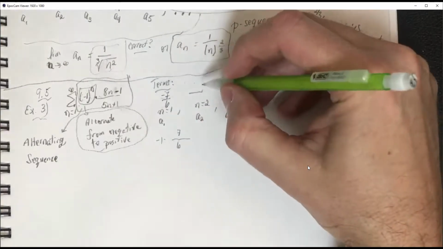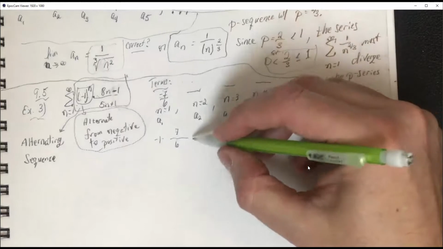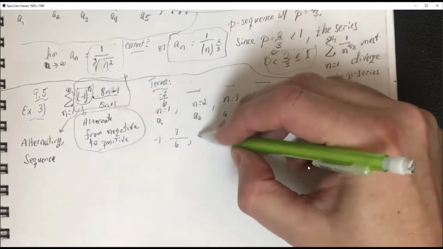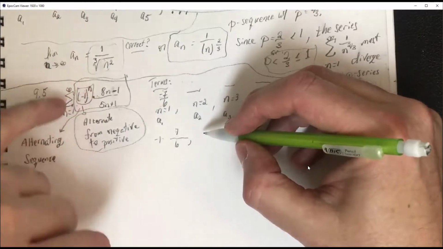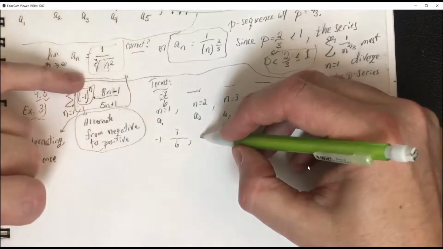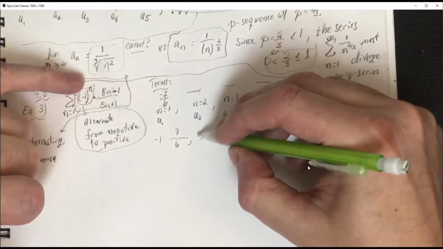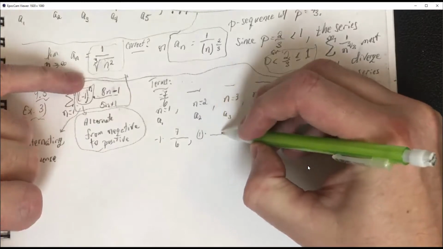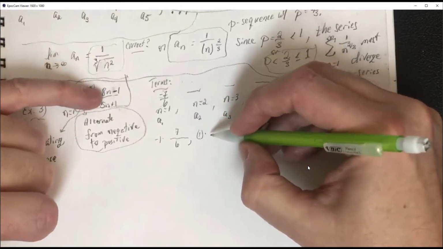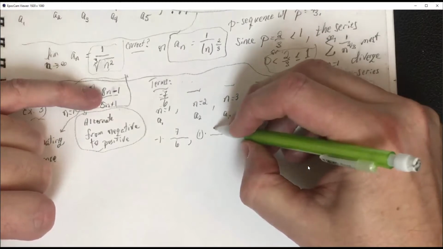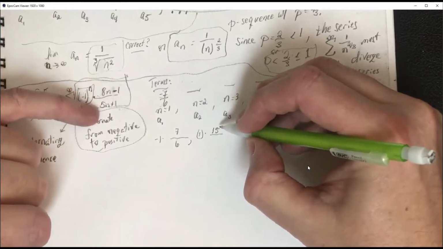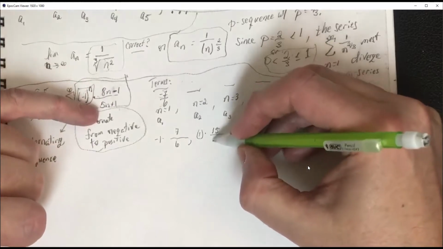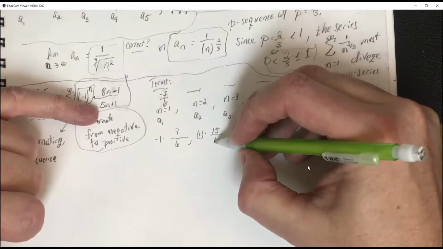And now the second term. Put a 2 in, and -1 squared, Brian, what's that going to be? -1 squared is 1. Times, put a 2 here, 8 times 2 minus 1, 15. 5 times 2 plus 1, 11.